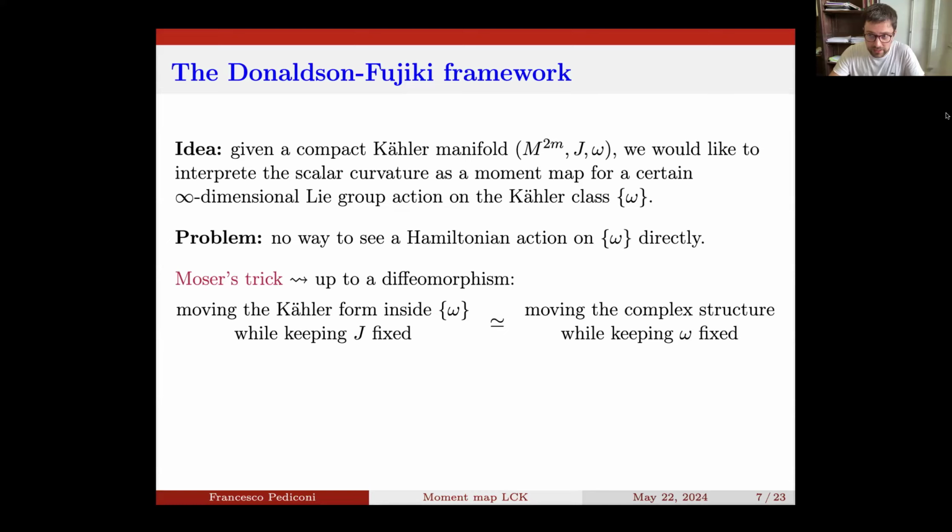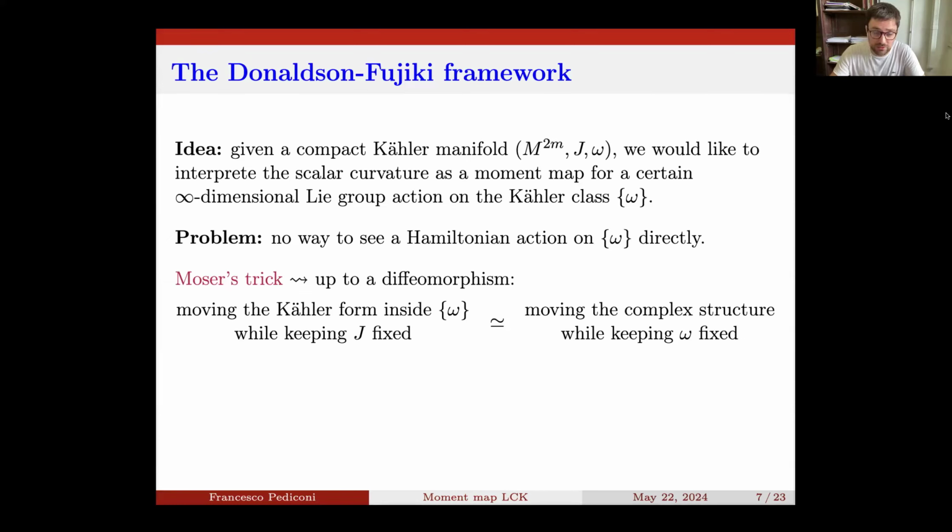Well, the clever idea behind this is that by means of the so-called Moser's trick, moving inside the Kähler class of ω while keeping J fixed is actually equivalent to fixing the form ω itself and moving the complex structure.